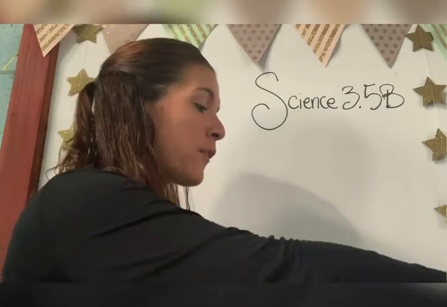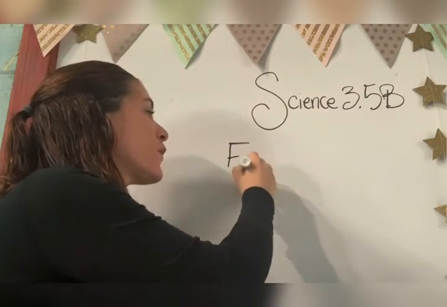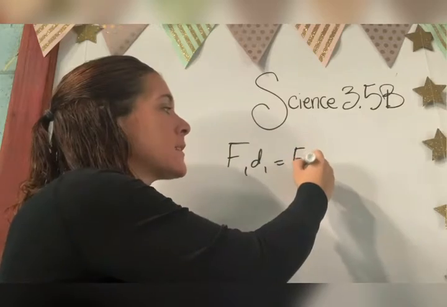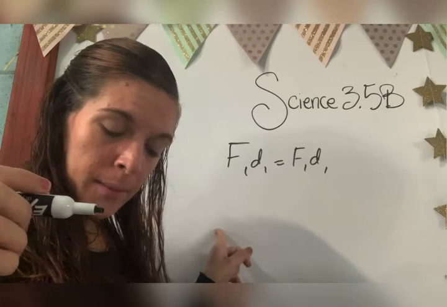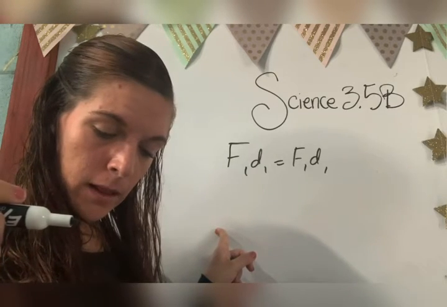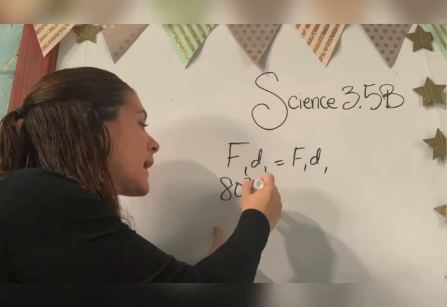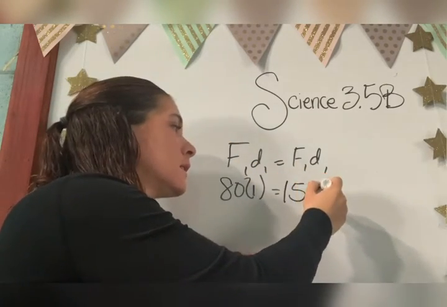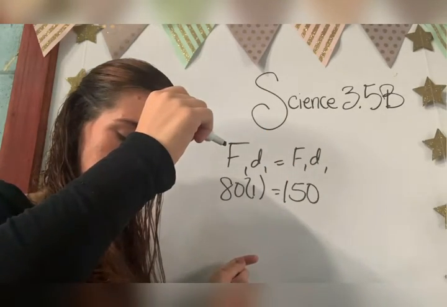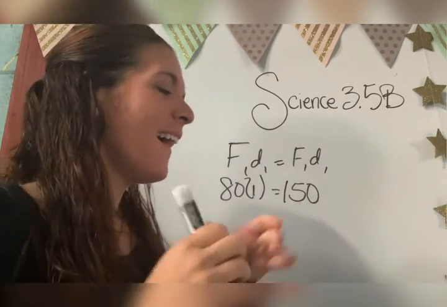But then you need the other information for number 4, which is calculate the efficiency of the machine. Efficiency is work output over work input, which means first you need to use your formula for work. Remember, your formula for work is force times distance, right?